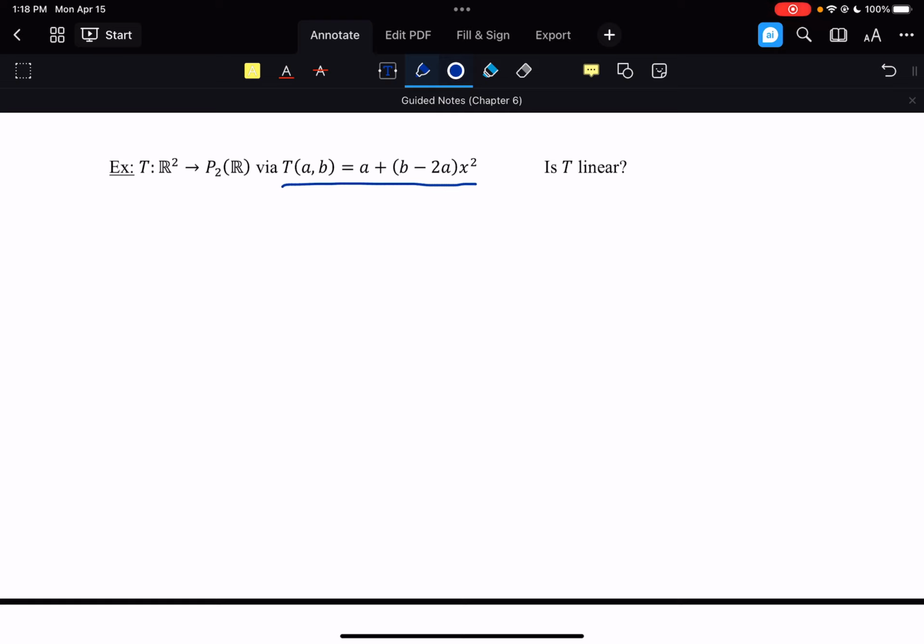So it does transform the zero vector appropriately, which means that we still have to check and see if it respects addition and scalar multiplication. So, respects addition. We're going to let (A, B) and (C, D) be elements of R2.